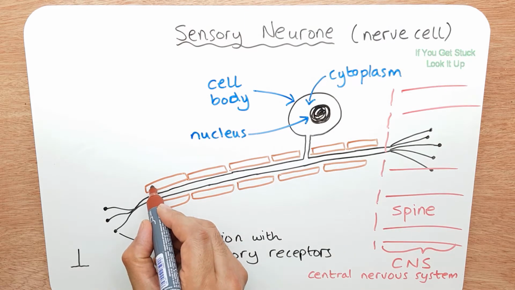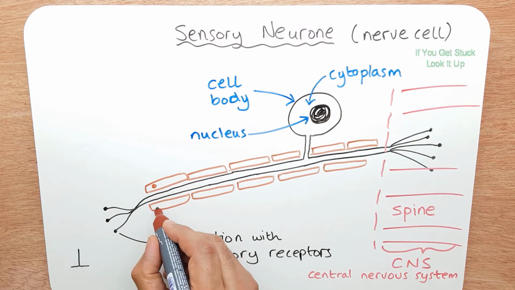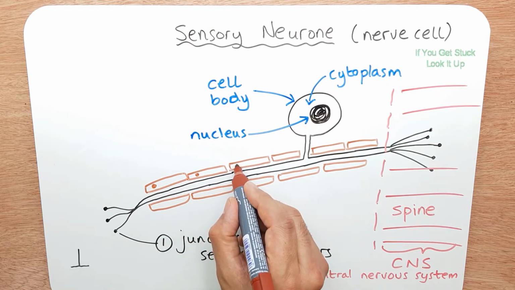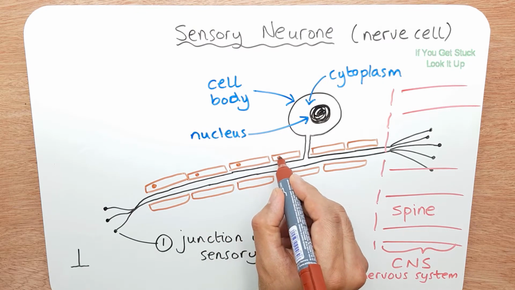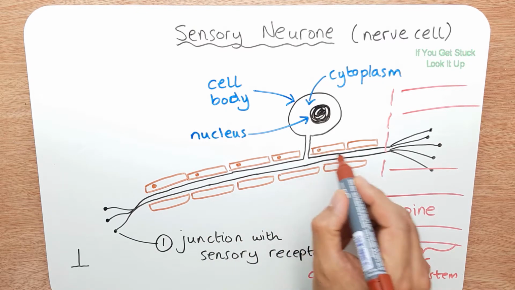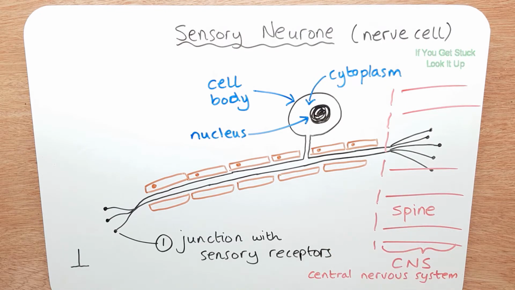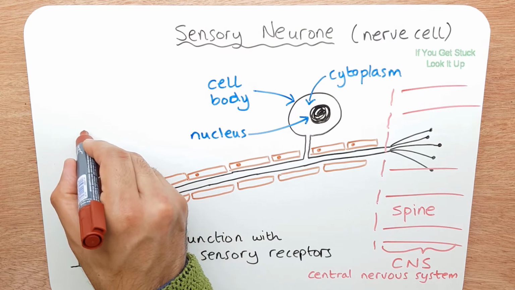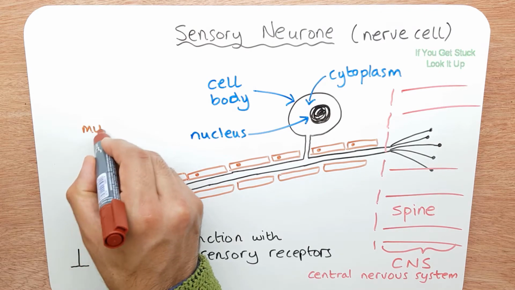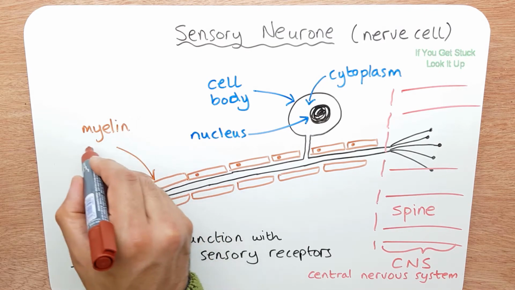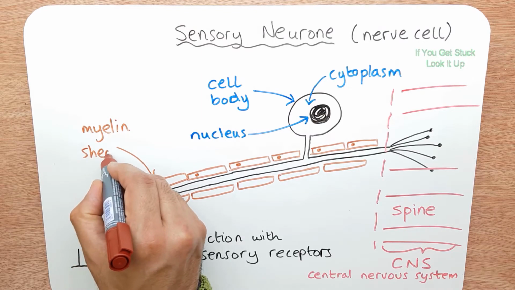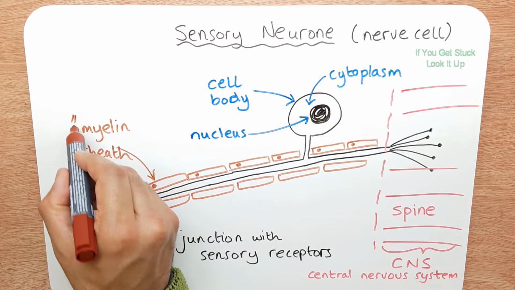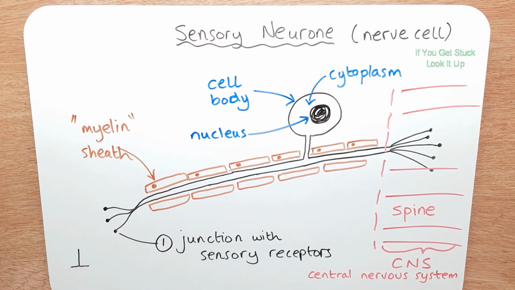And each one of these is like a cell. So you've got a nucleus in each one. And these are like a myelin sheath. And it's made of myelin. It's like a fatty substance.